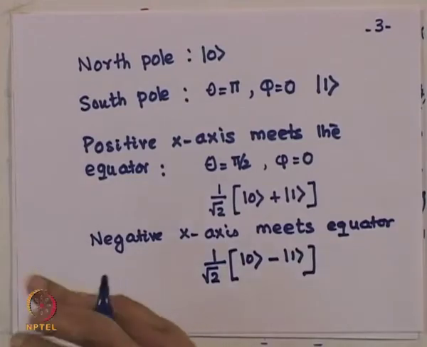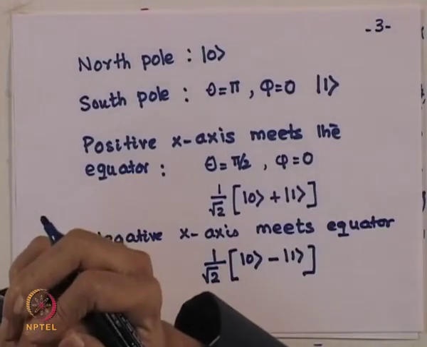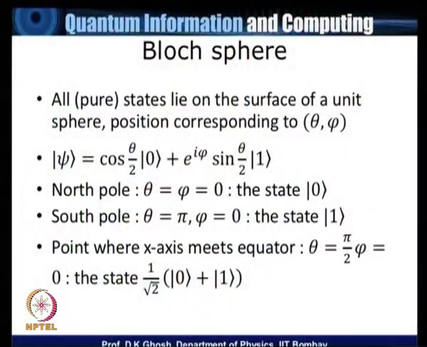Like this, every point on the Bloch sphere stands for a unique quantum state, and the theta phi value can be obtained. I will later on talk to you about these states which lie on a Bloch sphere, they all are what are known as pure states. What is pure about it? We will be talking about it as we go along.